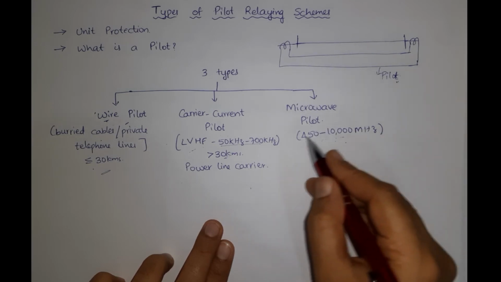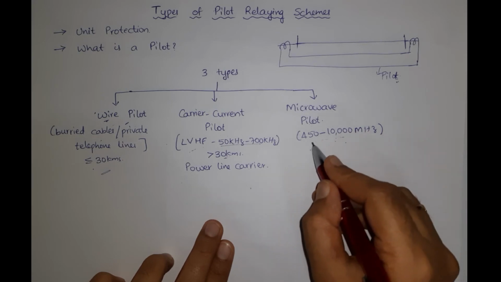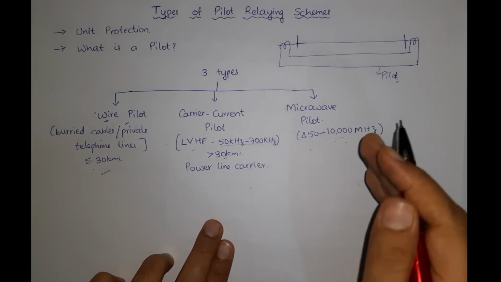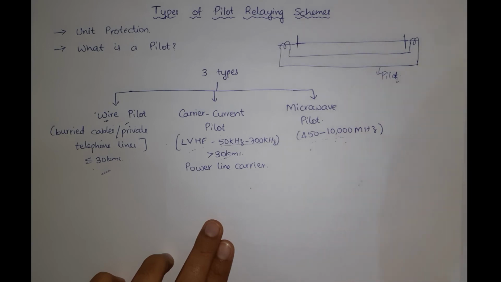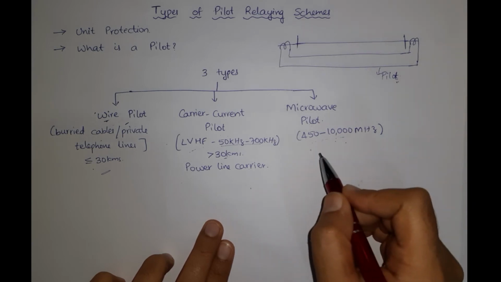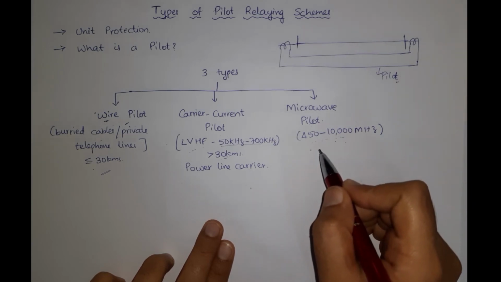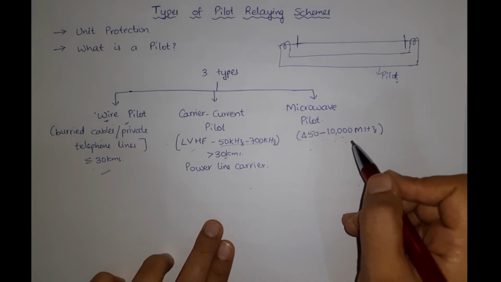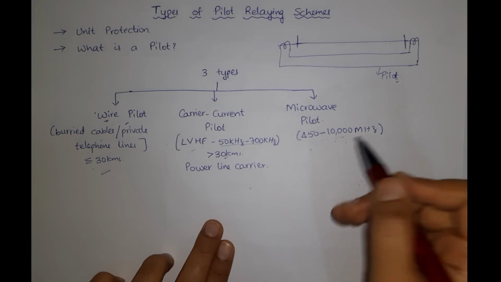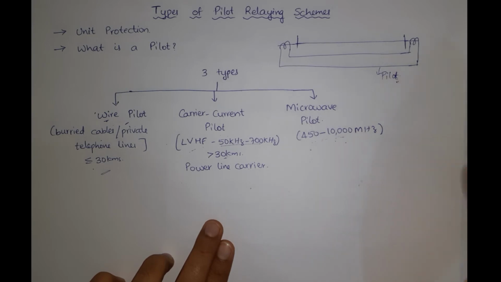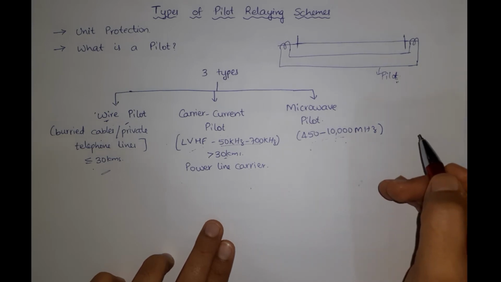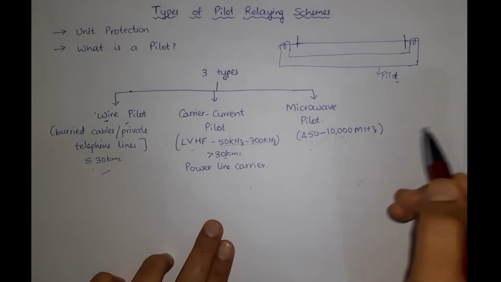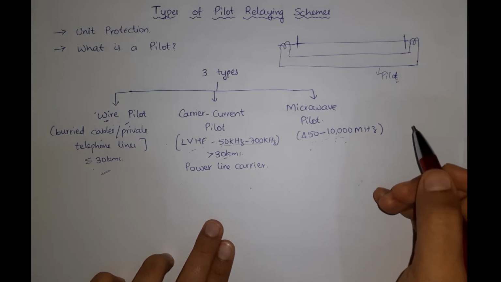In this, for particular intervals of distance, we need to install antennas. For every 40 to 60 kilometers, we need to install an antenna, so that the information is transmitted from one antenna to the next. So many repeating stations are to be installed.